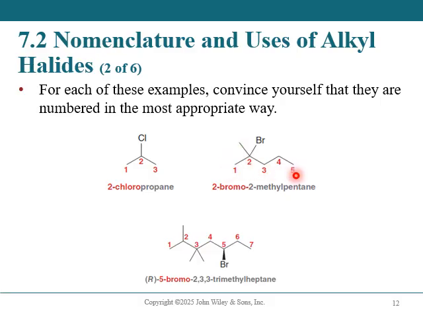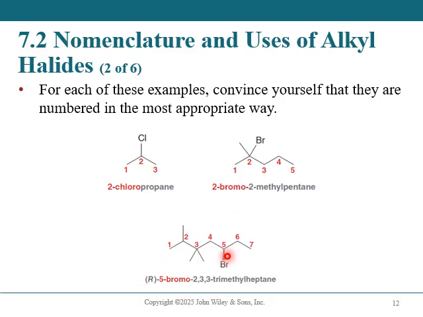If you go from left to right, then the position is number 2. And as we mentioned before, the lower number is always preferred when naming compounds according to IUPAC. So we're going to go with numbering from left to right. Position number 2, we have a methyl, we have a bromo. Methyl starts with an M, bromine starts with a B, so B goes first. 2-bromo, 2-methyl, and then pentane.